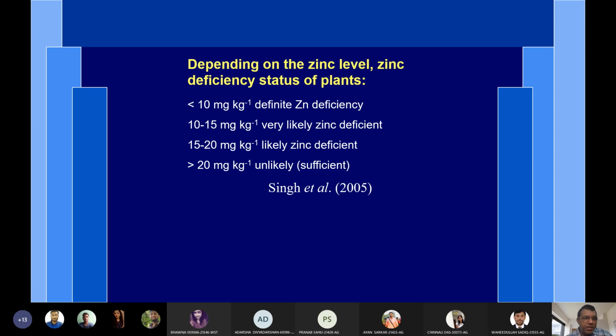If it is 15 to 20 milligram per kg, likely zinc deficient. If it is more than 20 milligram, then it is unlikely, meaning you have sufficient levels. Therefore, 20 ppm is in general the critical level in plant. If it is less than 20 ppm, then it is low zinc or the critical level of zinc.